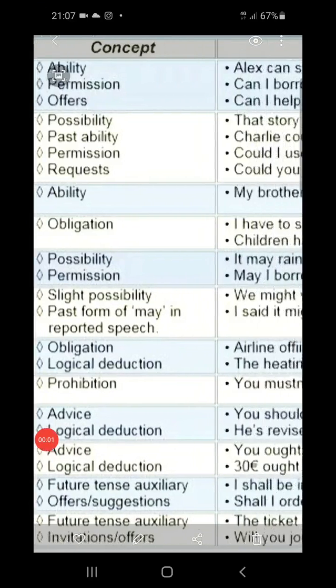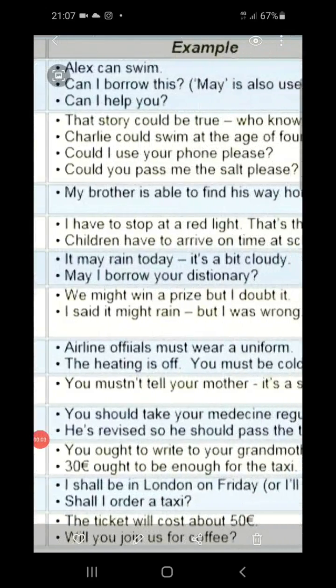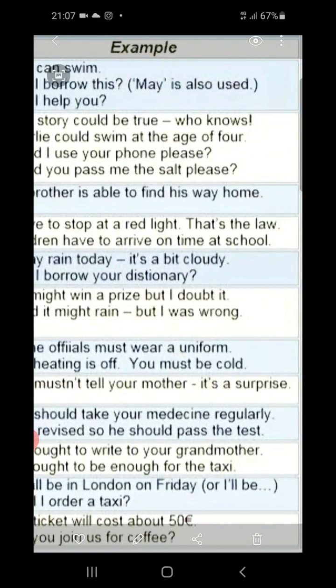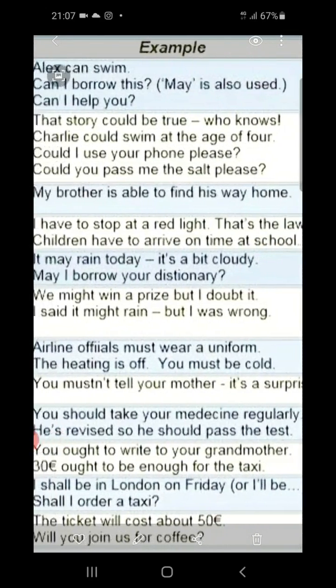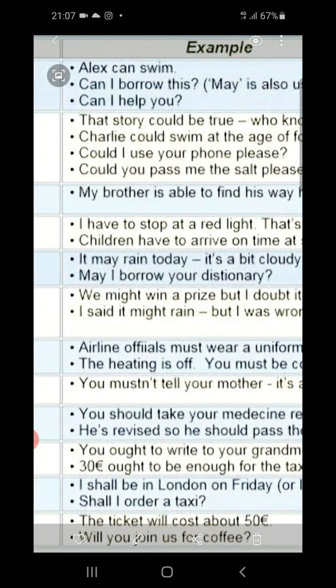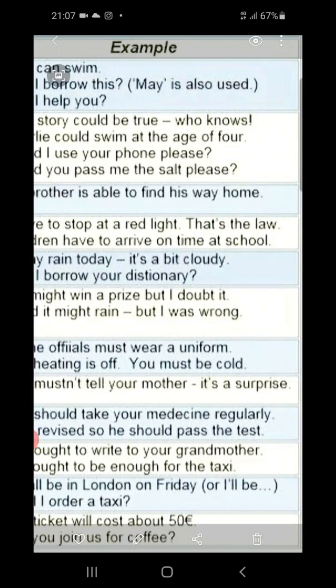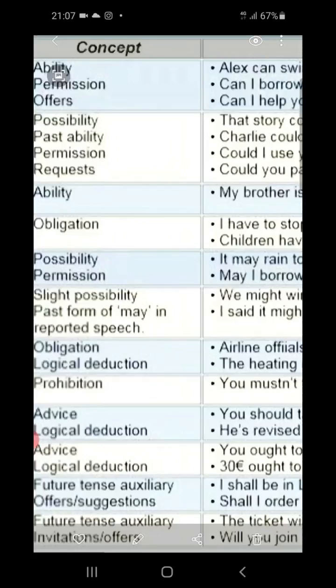Logical deduction. He has revised, so he should pass the test. So he has revised, and so he should pass the examination or the test itself.